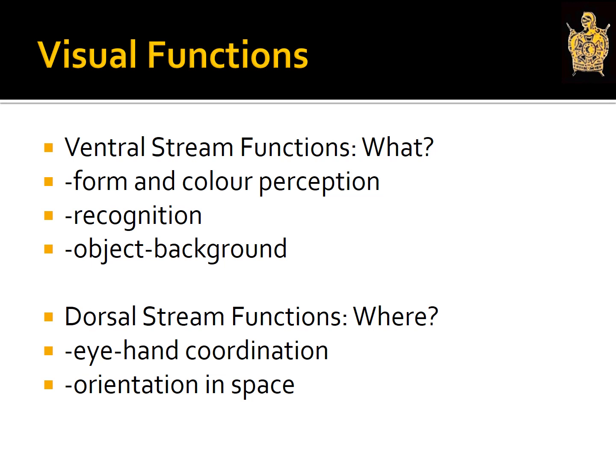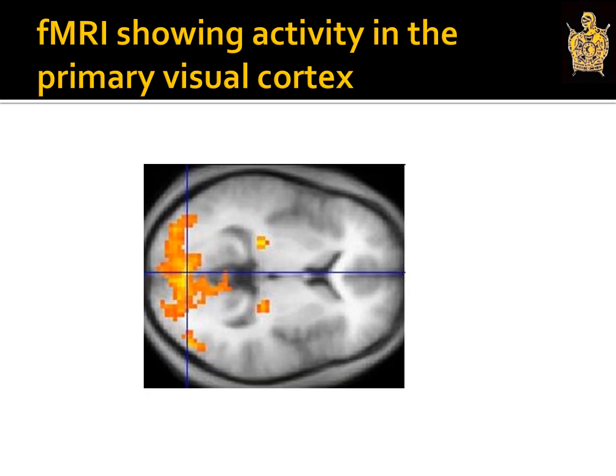Eye-hand coordination, orientation in space, according to conventional knowledge. We can detect activity in the primary visual cortex using functional magnetic resonance imaging in humans.